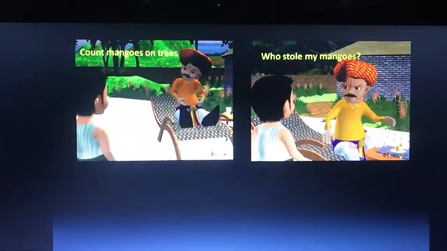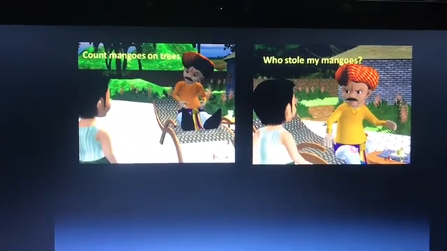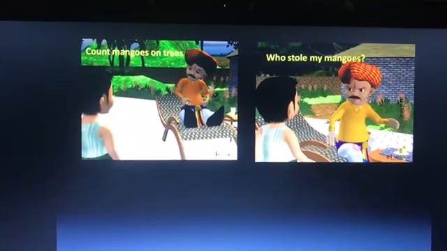A few days later, the master told him to pluck all the mangoes from the garden, and the mangoes came out to be 990 only. So the master got angry and asked him who has stolen the mangoes.